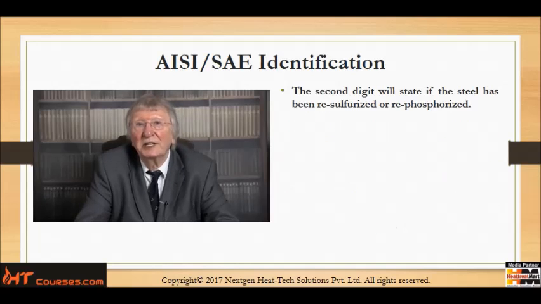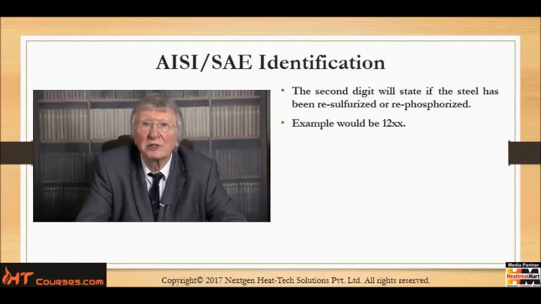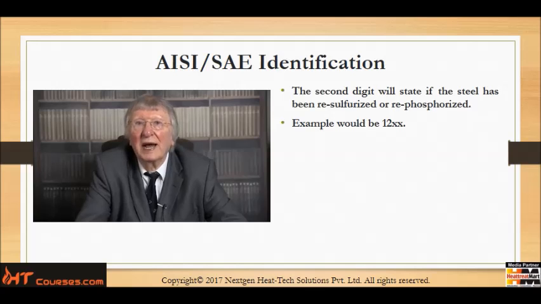The second digit will state if the steel has been resulfurized or rephosphorized. An example of that would be 12XX. 1 means it's a plain carbon steel. 2 means it's either been resulfurized or rephosphorized. XX would denote the carbon content.